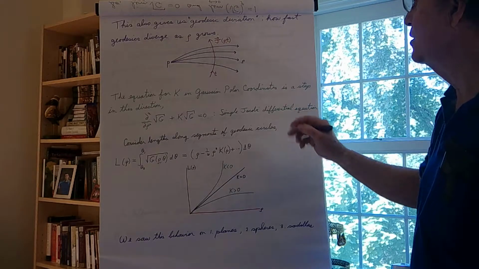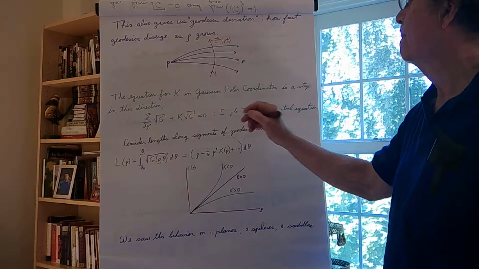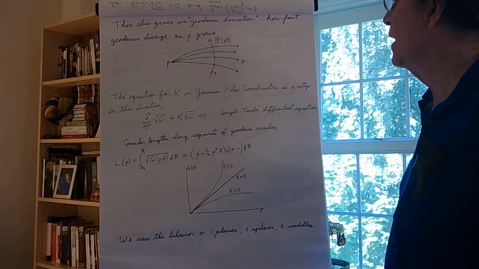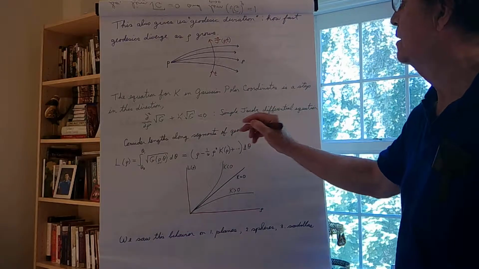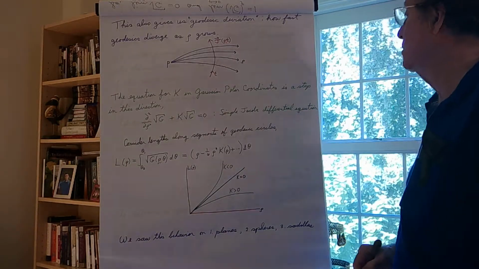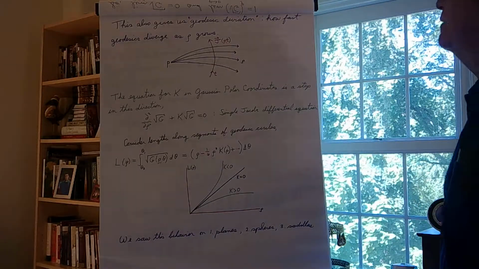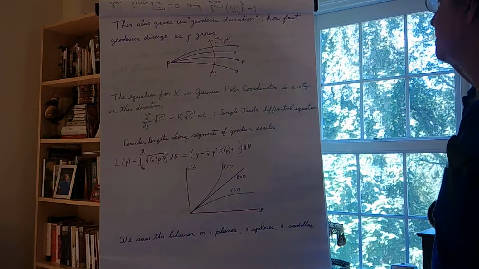And I see it tells me what I'm interested in, how quickly the geodesic deviation grows as I move away from rho. The second order derivative of it grows and is controlled by the product of k and the square root of g. So this will prove to be a simple example of a Jacobi differential equation. We'll get the general case when we study holonomy.